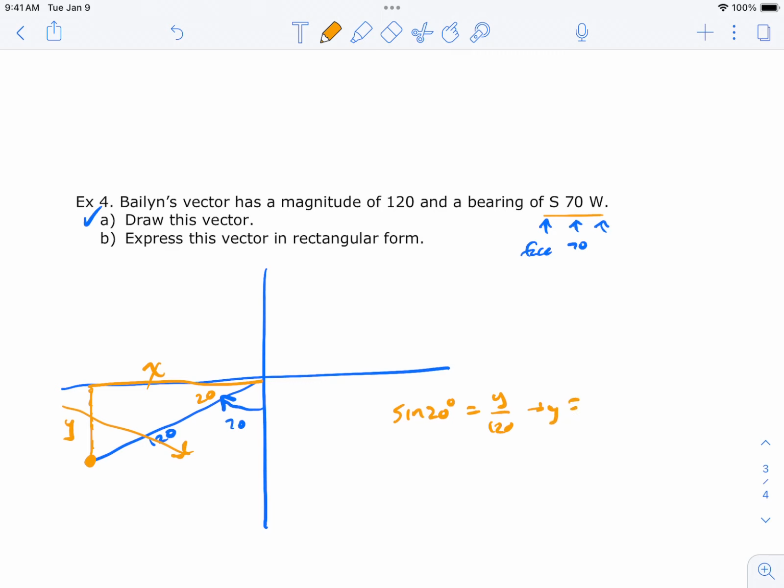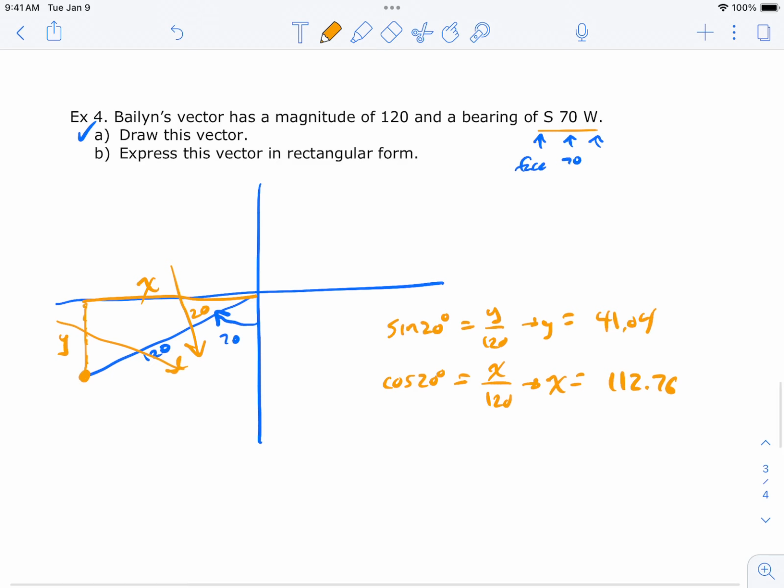If you solve that out, you get y equals, what do I get? I got 41.04. Okay, cool. And then if you do cosine instead, adjacent over hypotenuse this way, that's x over 120. And so x is equal to, I got 112.76. Okay, cool.